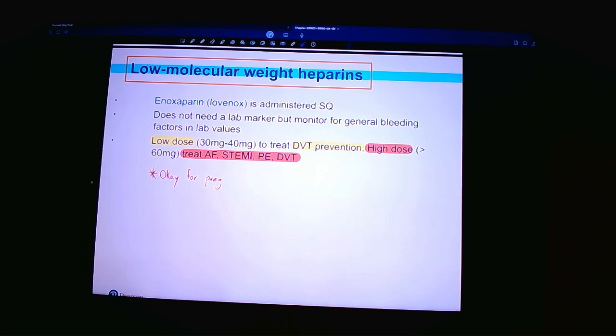Well, enoxaparin, if I recall right, has a longer duration, more of an extended effect. So maybe instead of 12 hours, maybe it's 18 hours. Maybe it's 14. That part I'm not too sure on, but it works longer than regular heparin because sometimes the little versions of things work a bit more efficiently because they have less energy, right?